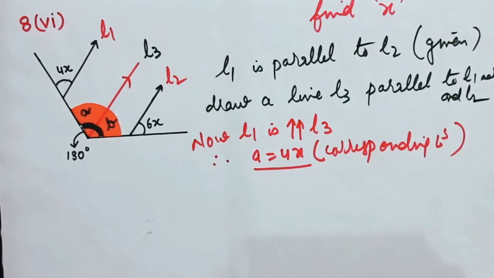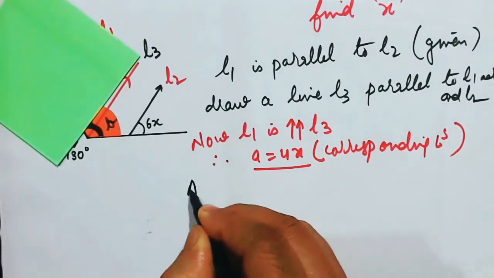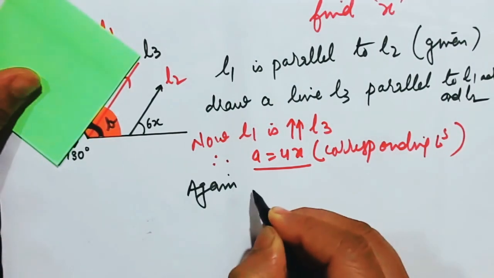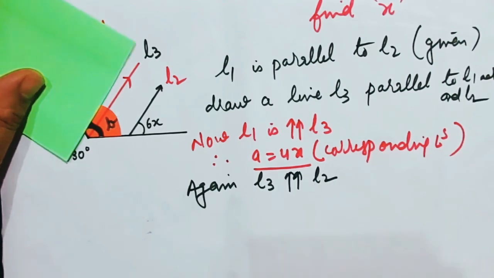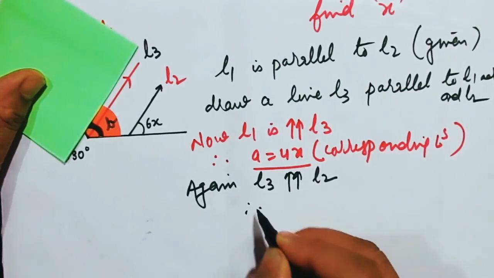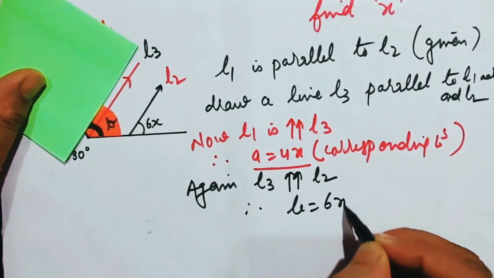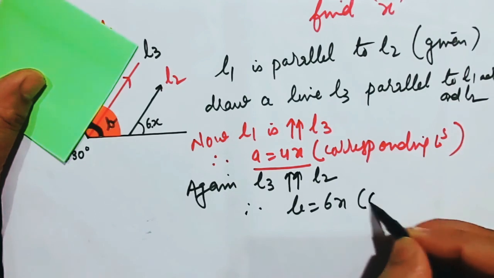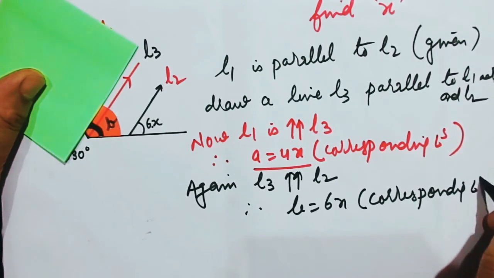Clear? Now let me hide this one. Again, L3 is parallel to L2. Therefore B will be equal to 6x. Why? Because they are also corresponding angles. Fine.